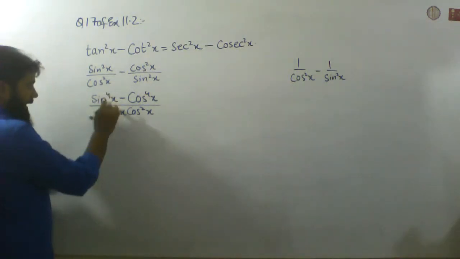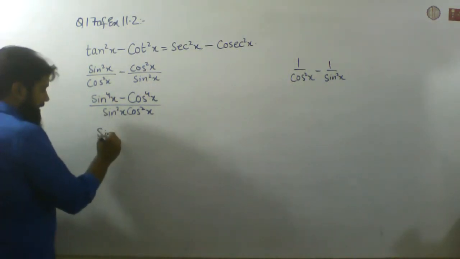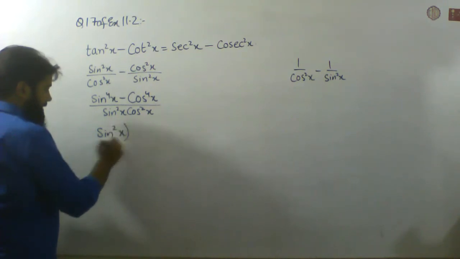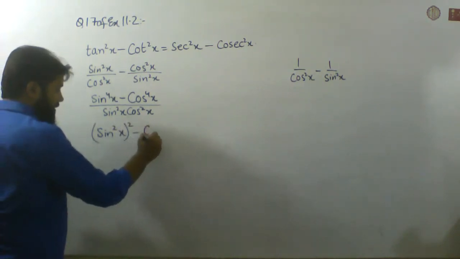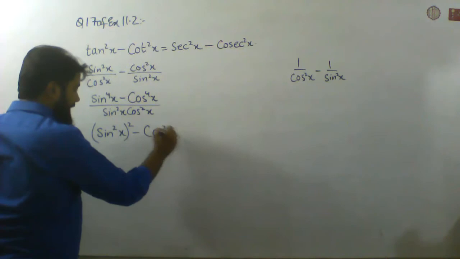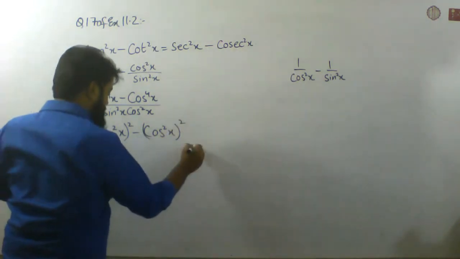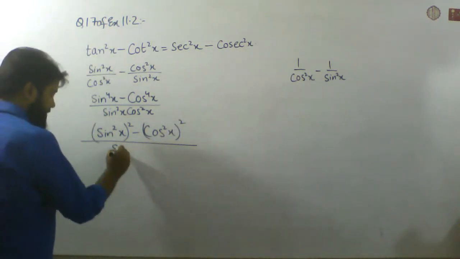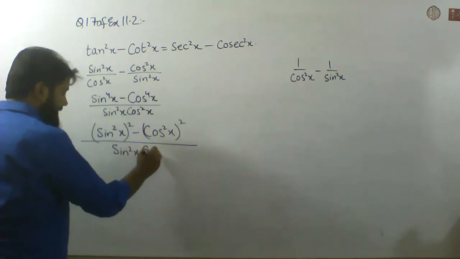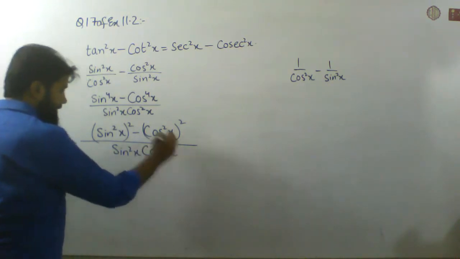Sin 4x can be written as sin square x whole square minus cos square x whole square over sin square x cos square x.